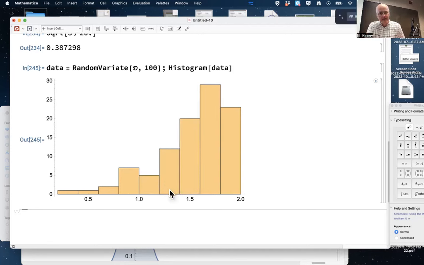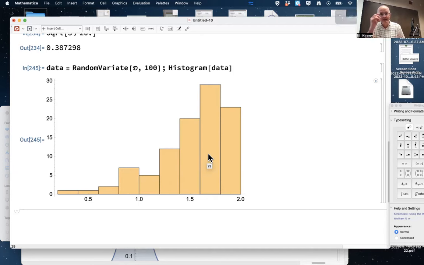So you can see there's a 12 that shows up there. There's 12 numbers in this particular data set that are between about 1.2 and 1.4. The height of this bar is 12, and if you hover over it, you see the number 12, it's very small there. Height of this one's 20. Height of this one's 29.